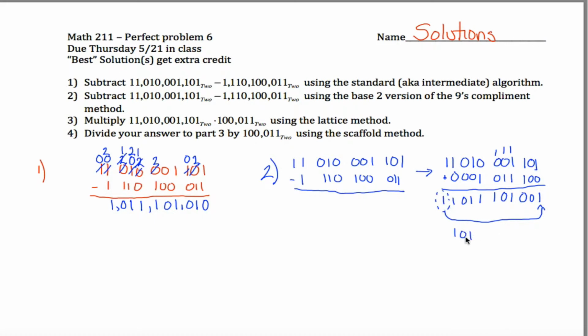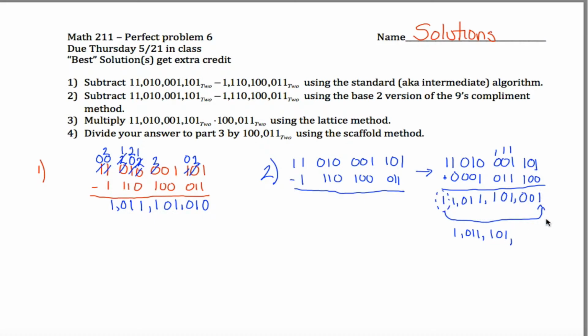Sorry, let me space these out a little bit better. Maybe I should put commas in here. Maybe that would help. I got 1, and then I got 0, 1, 1, and then I got 1, 0, 1. But then this last little group, I got 0, 0, 1 plus 1.